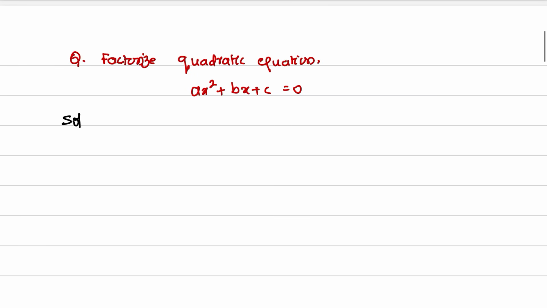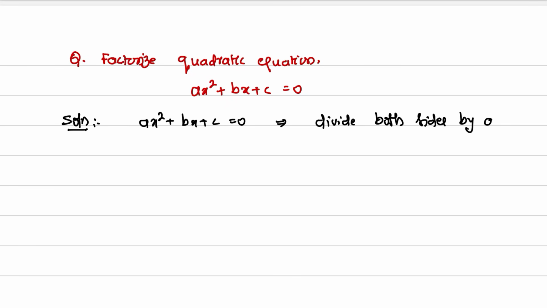Solution: ax square plus bx plus c is equal to 0. Divide both sides by a. Please follow the step by step procedure.